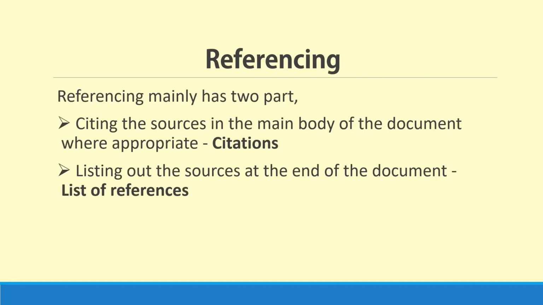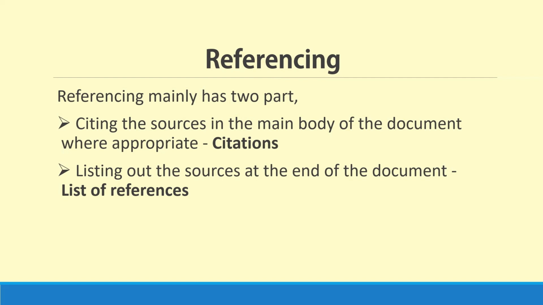So we have been talking a lot about external sources, referring, and so on, but we did not really define what referencing is. As I told you in the beginning, we have two parts in this: referencing and citations.